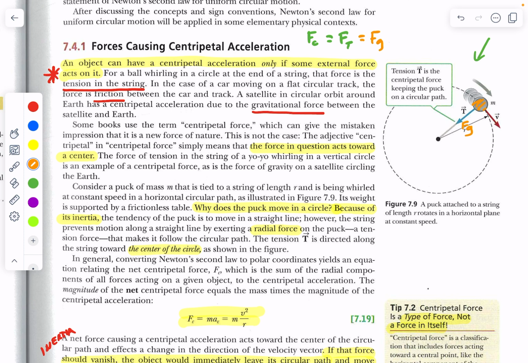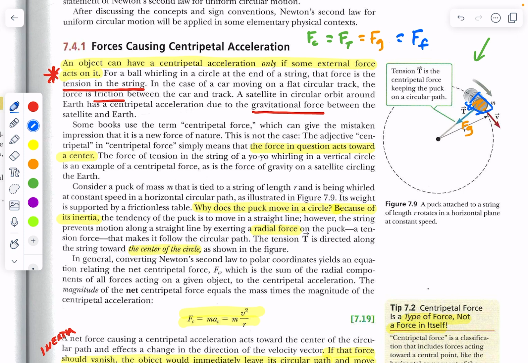So you get the idea. Let's do one more example. Let's suppose that this is a car. So I'll make my car blue. And if this becomes a car that's traveling, it's the friction that is holding the car in the circular path around the corner.